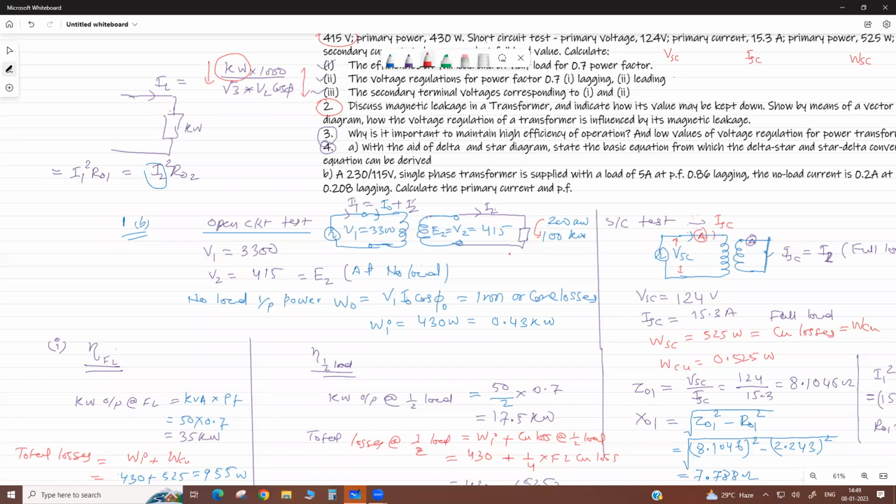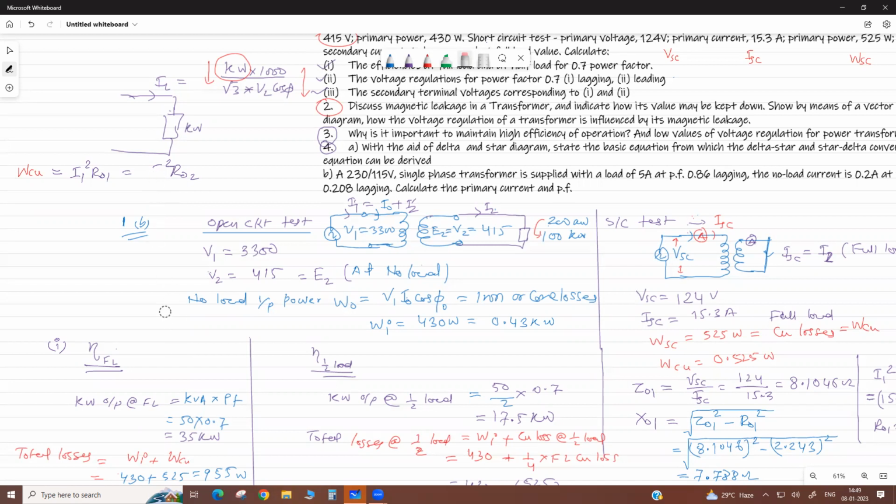Suppose it is half. If load is half, current is half, but copper losses are square times the current when we calculate them. So compared to earlier, now if load is half, your current is half, meaning copper loss becomes 1/4.